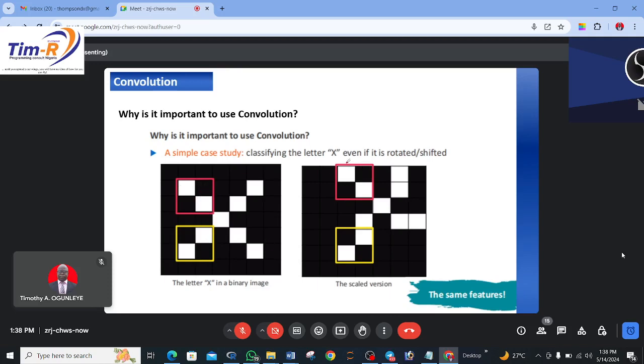If you look at it, this was shifted up, and this as well was shifted, or it's still in the same place as before. So it still captured it. Even if it is the scaled version, you can see it is still representing X, just the same way we have our X here.